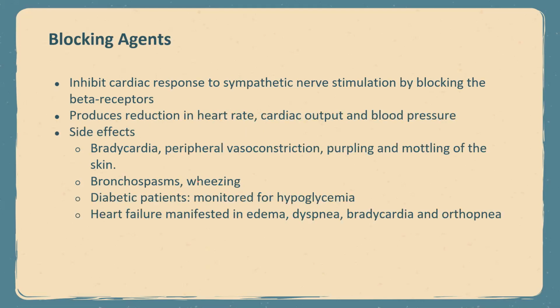We also have what we call the blocking agents. What do we mean by blocking agents? Blocking agents inhibit the response of our sympathetic nerve stimulation by blocking the beta receptors. Usually it produces a reduction in heart rate, cardiac output, and of course, blood pressure.